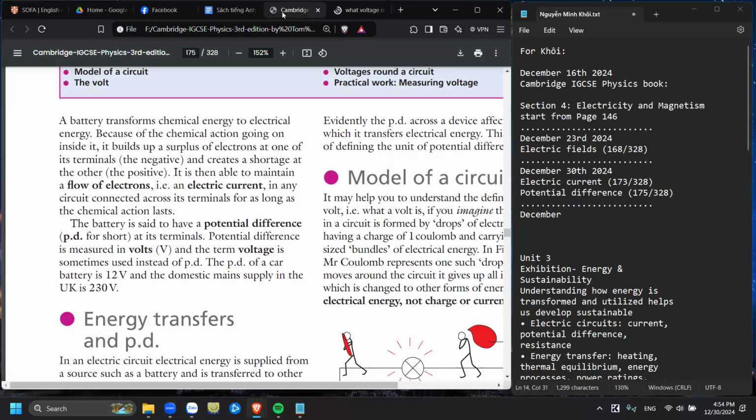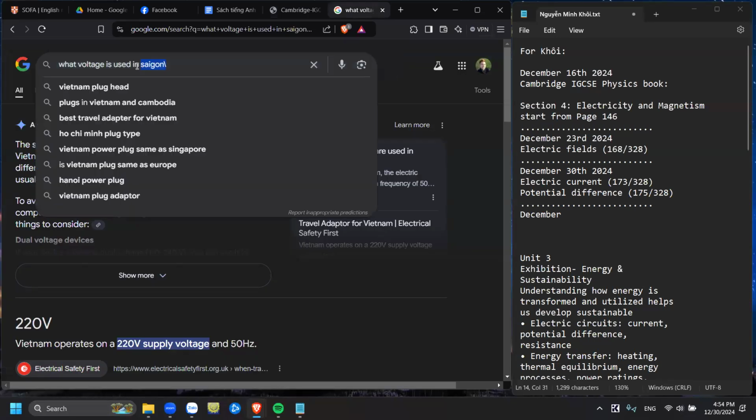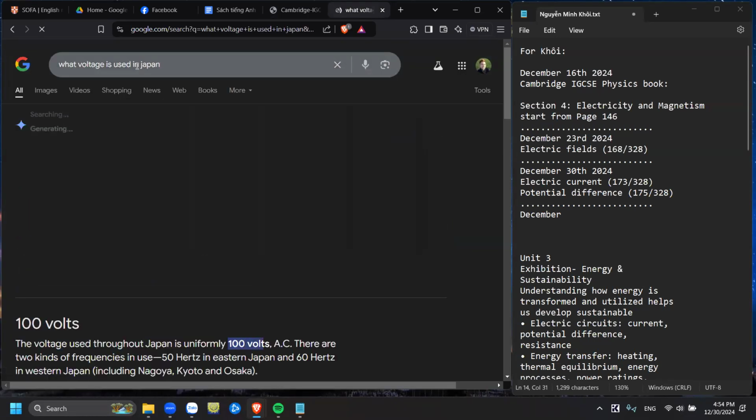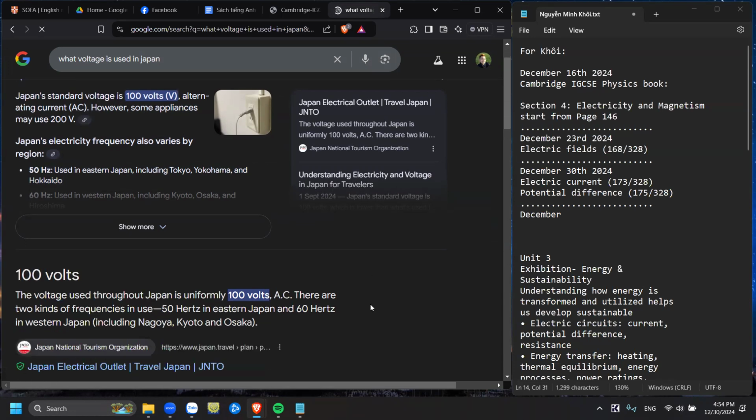But in other countries, let's say Japan, they use 100 volt. It's weird, right? So if you import something from Japan and plug it into the Saigon socket, that item will die immediately, right?